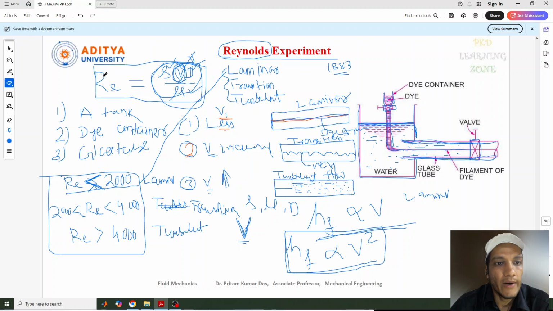I hope you understand this concept of Reynolds experiment, and what we are going to identify from this. It is a very simple concept.